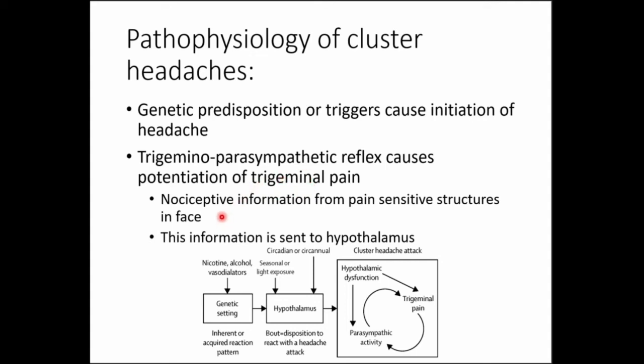And then this leads to the interpretation of innocuous or innocent stimuli being noxious or damaging stimuli. And so nociceptive information from the pain-sensitive structures in the face is then sent to the hypothalamus.